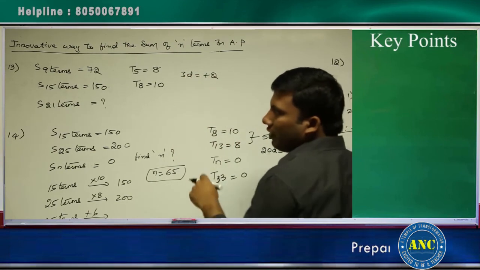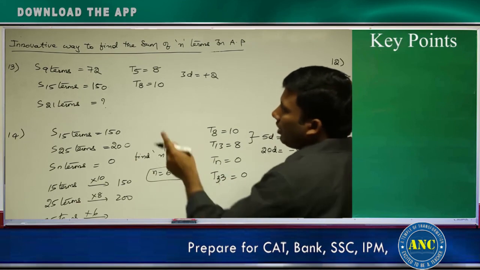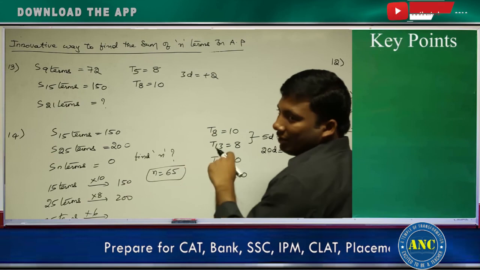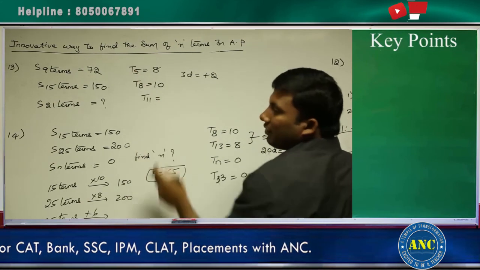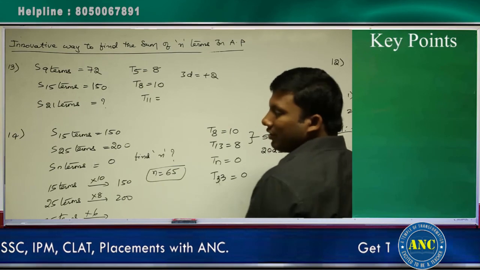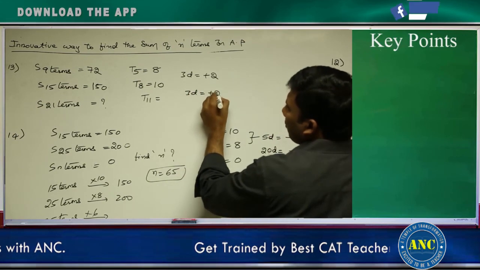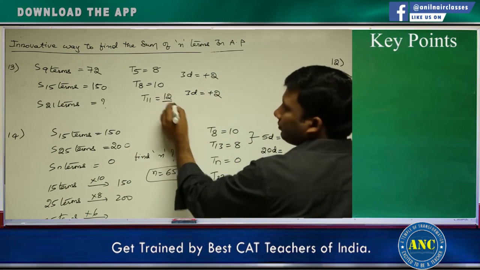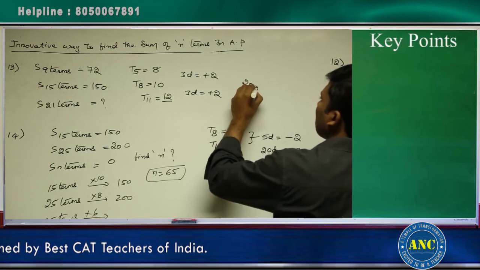Now 21 terms. 10 to the left, 10 to the right. What is it? T11. 5 to 8 difference is 3, 8 to 11 difference is also 3. So 3D is plus 2. 10 plus 2 is 12. So 12, 21s are how much?